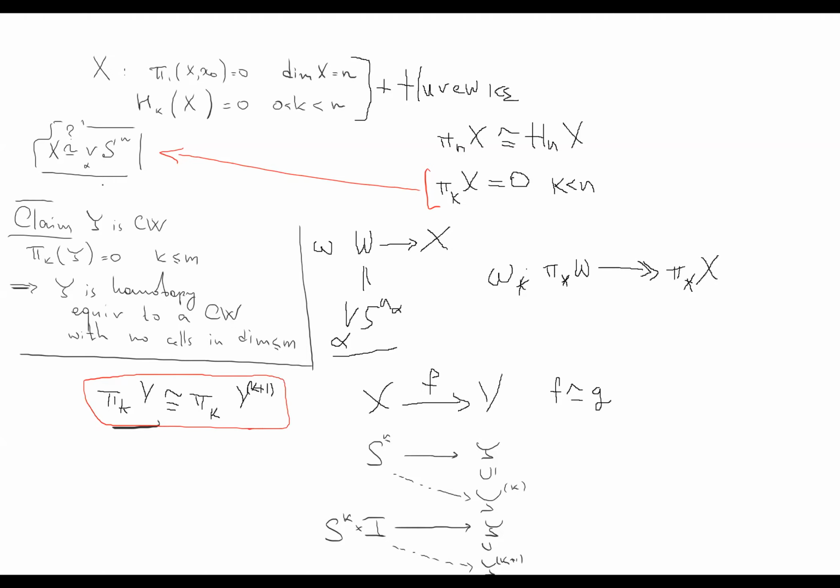I want to prove that it is homotopy equivalent to one with exactly one 0-cell. So how can I construct such a homotopy equivalence?